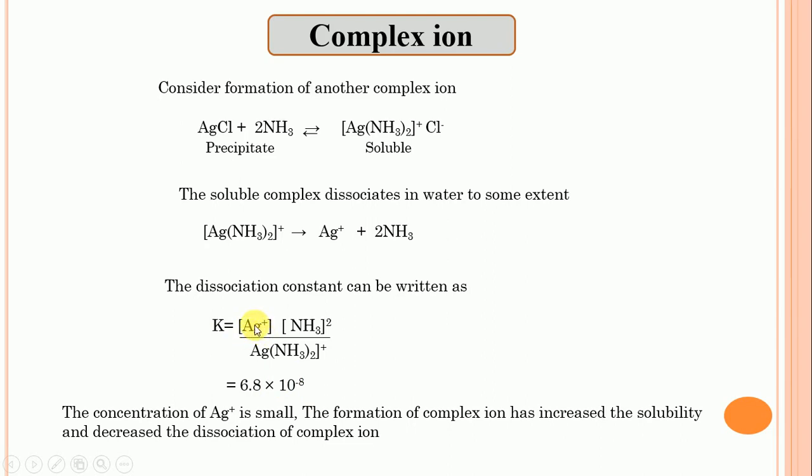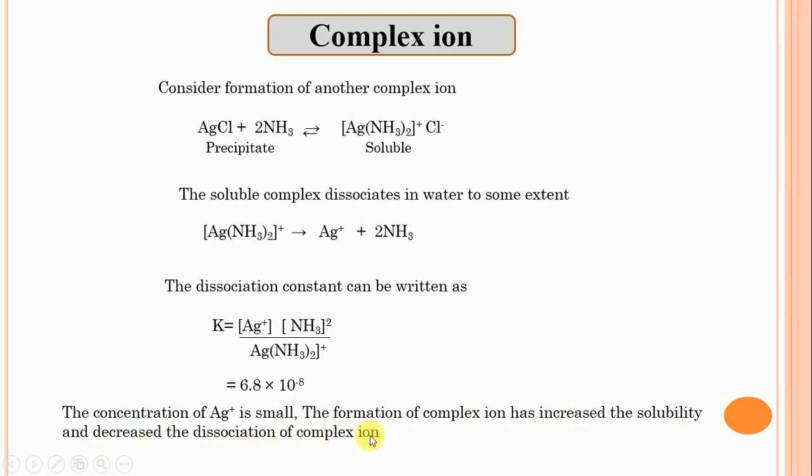So when this is a moderate or lower value, then the solubility product does not exceed the ionic product, and if it does not exceed the ionic product, that means the precipitate does not form and the complex ion goes into the solution and is more soluble in that water. So the concentration of Ag plus is small, the formation of complex ion has increased the solubility and decreased the dissociation of complex ion.